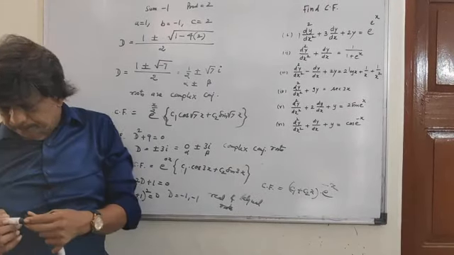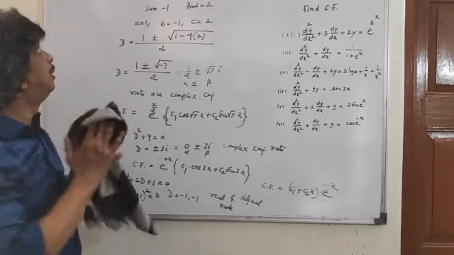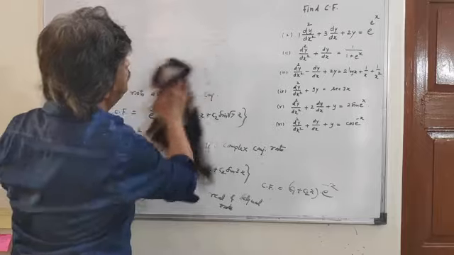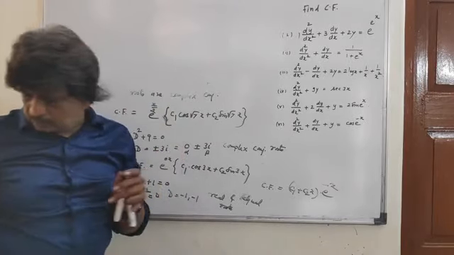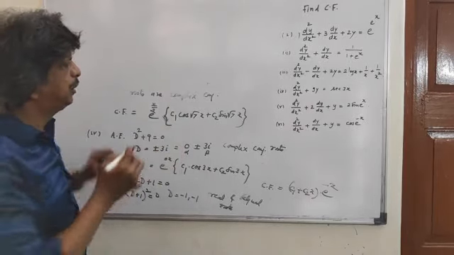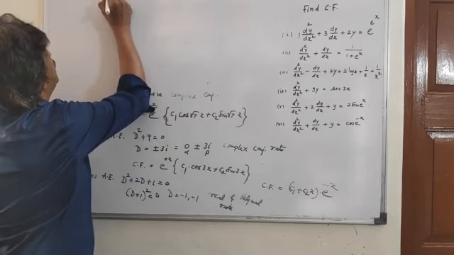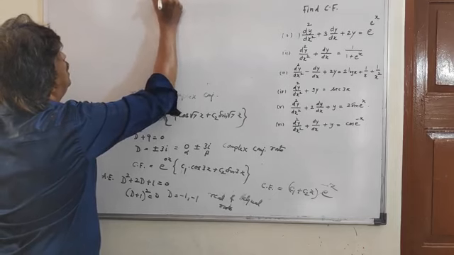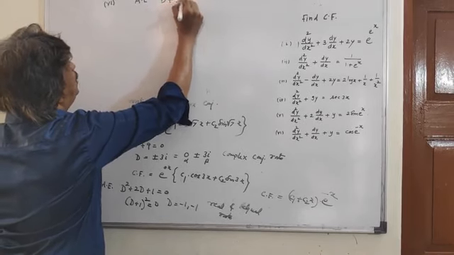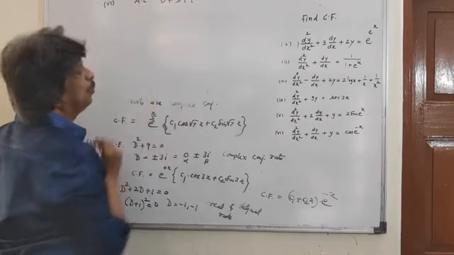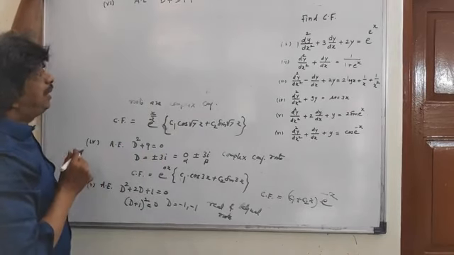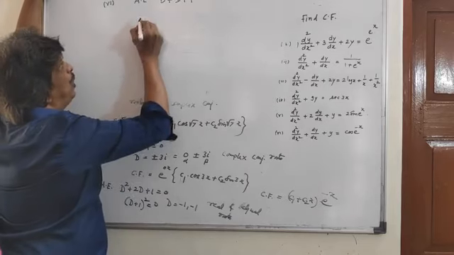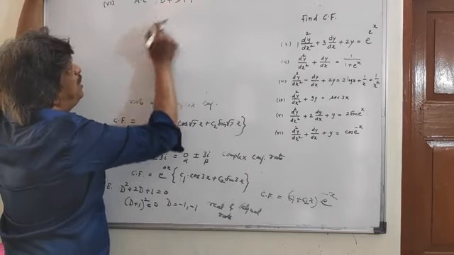Now last but not the least, the sixth problem. The sixth is D² + D + 1. The auxiliary equation is D² + D + 1 = 0. It cannot be factorized, so we would be using the quadratic formula. A = 1, B = 1 and C = 1.